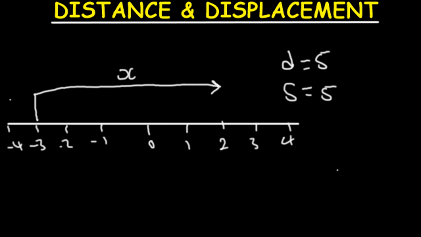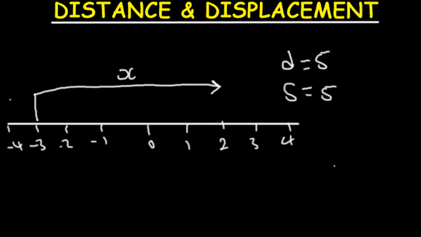Basically, in order to find the displacement covered by a body, you just need to find the change in x, which is the final position minus the initial position. We can also simplify it directly by using the value of the distance since they are heading towards the right.